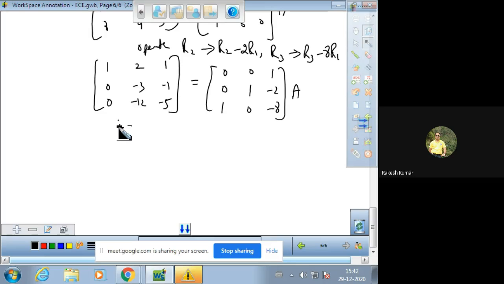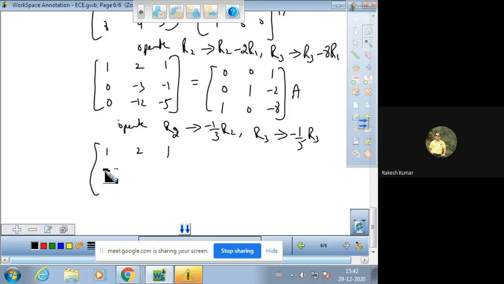So you just divide R2 by minus 3, and similarly R3 will be divided by minus 5, and you will get 1 2 1, 0 1 1 by 3, and 0 12 upon 5 1.